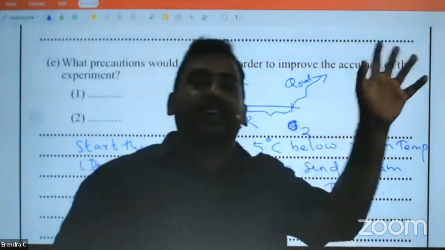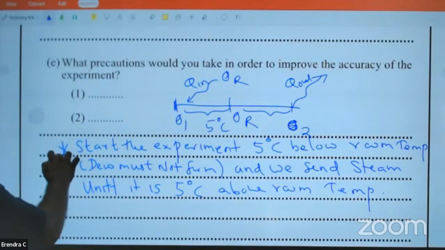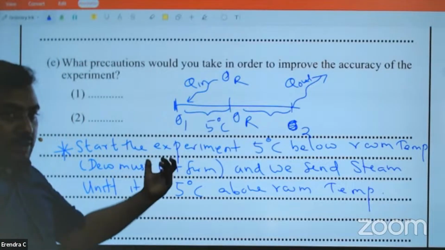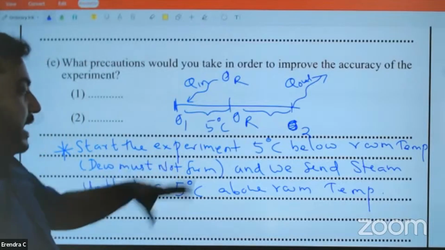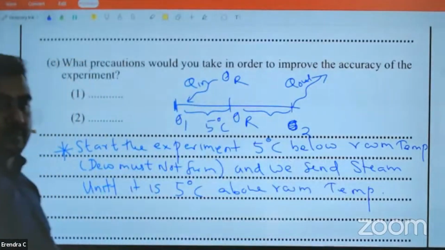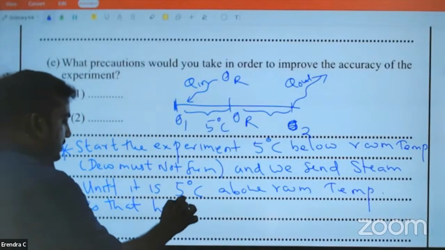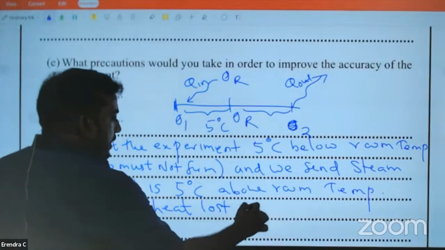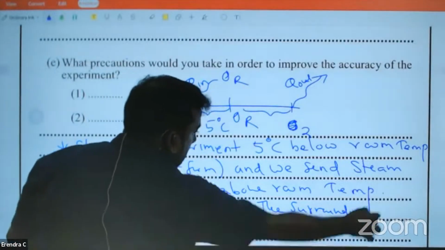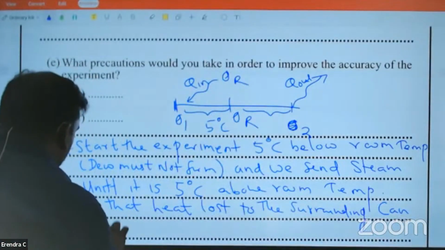Understood? So you start the experiment 5 degrees below room temperature, above the dew point, and send in steam until it is 5 degrees above room temperature, so that heat loss to the surroundings can be ignored.